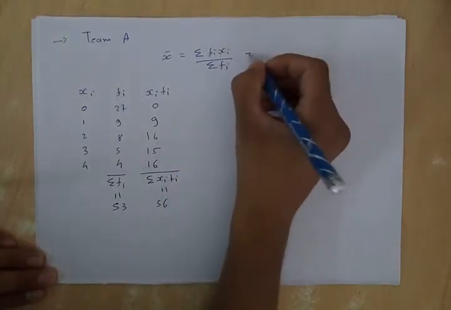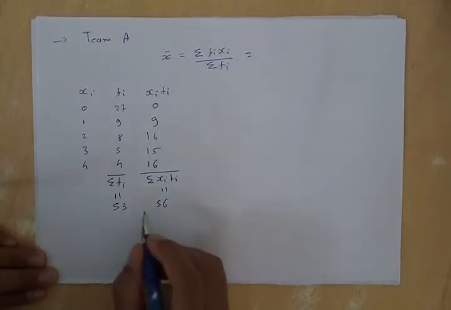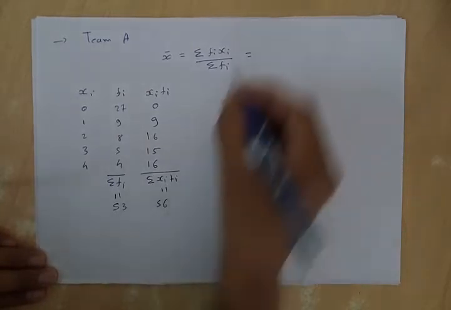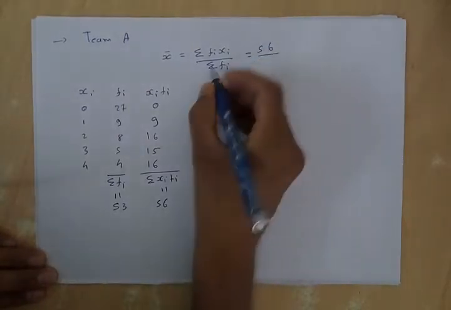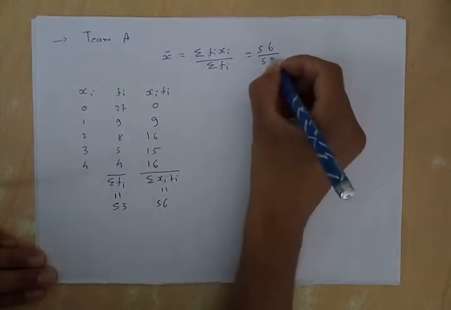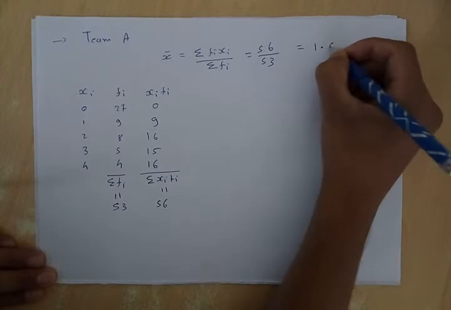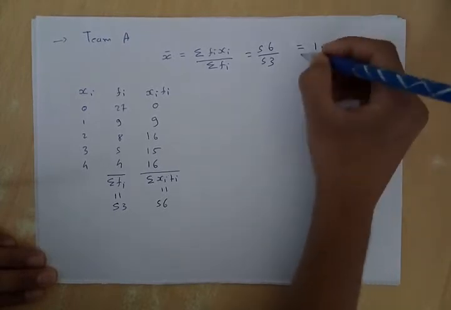Now using this formula we will calculate the mean. So sigma xi fi or fi xi is equal to 56 and sigma fi is 53. So it will give you the value as 1.0566.